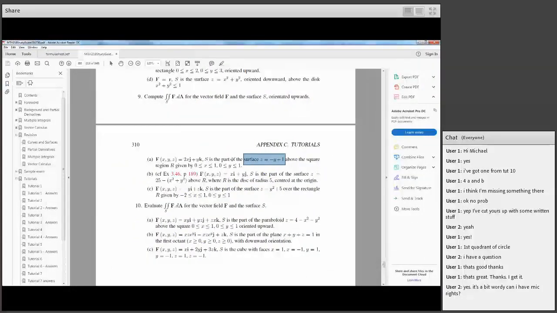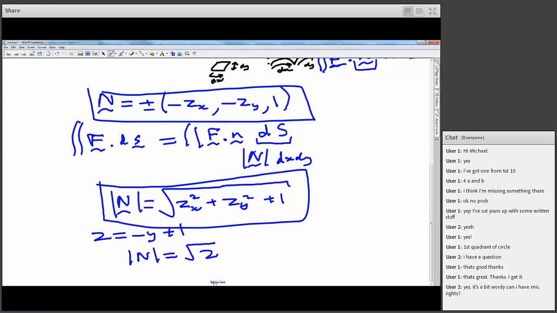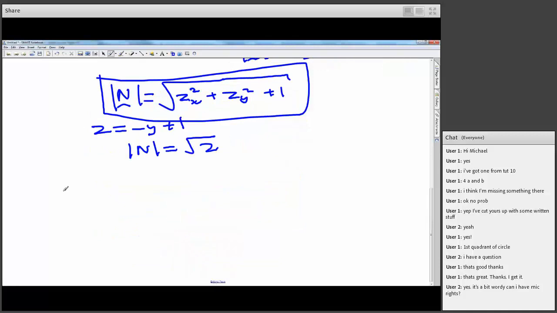I can do one right now if you want, just to show you how you do it. With the x, y, z parameterization, you've got that formula. So basically I get the parameter z equal to some function of x and y.